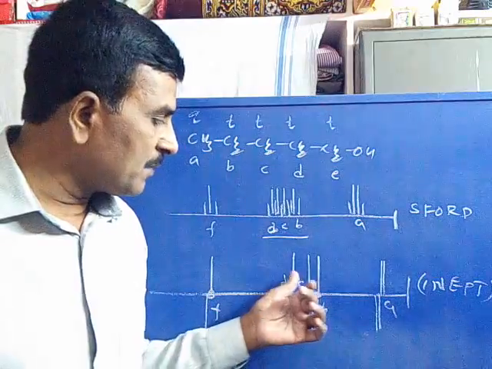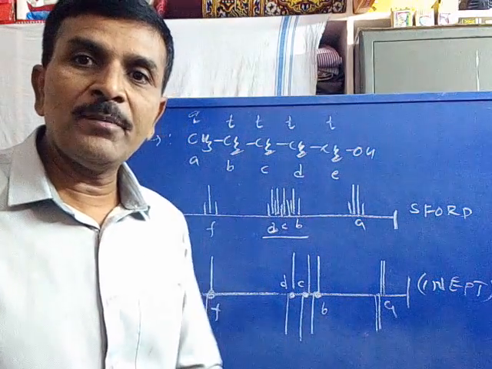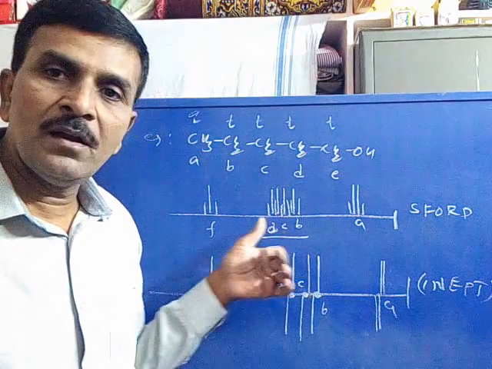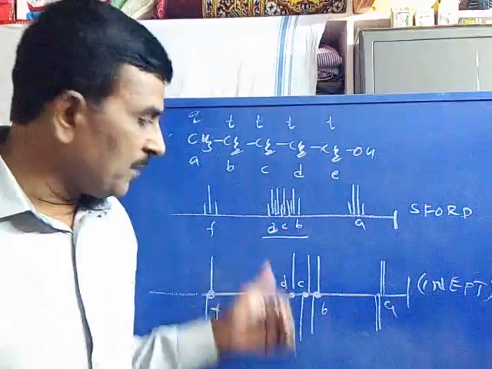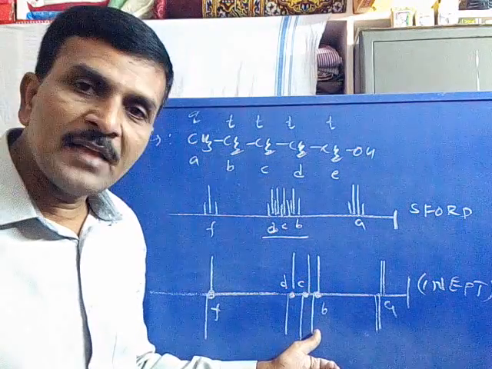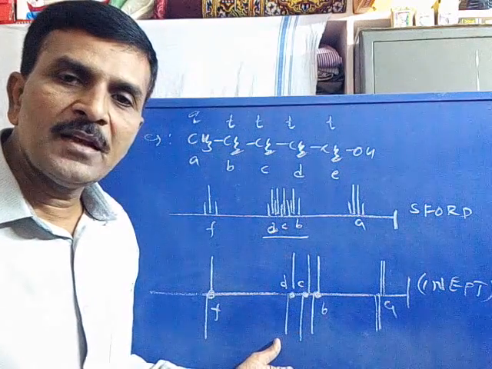B carbon, C carbon, D carbons are CH2 carbons, but this information is unpredictable from the SFORD. B is unknown, C is unknown, D is unknown. But in the INEPT experiment, we can identify B appearing as a triplet, C appearing as a triplet, D also appearing as a triplet.